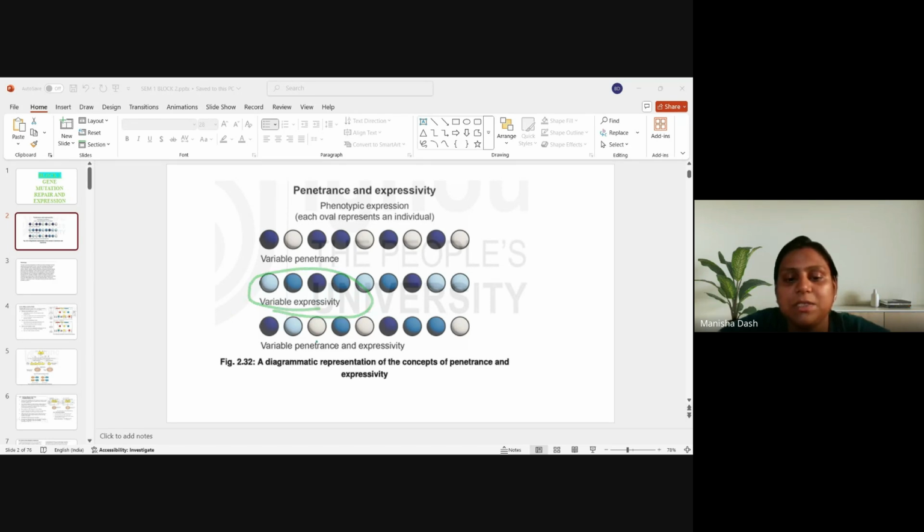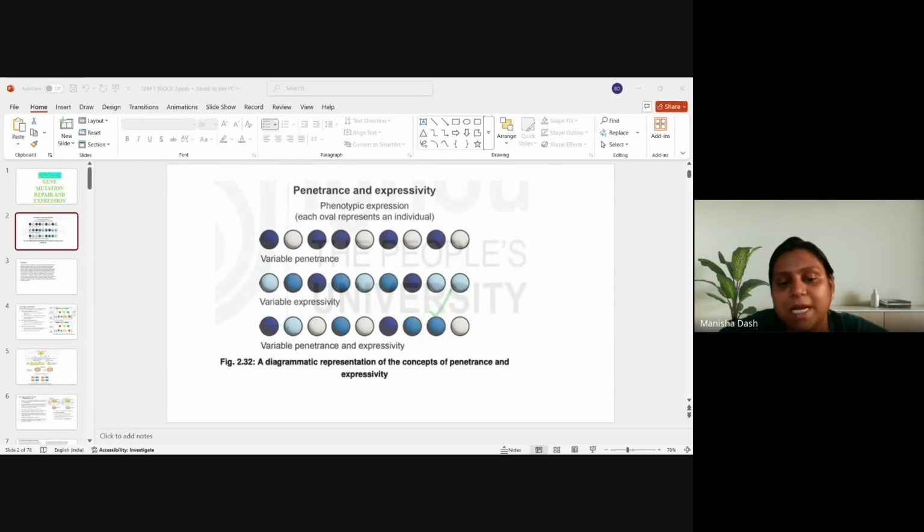The last picture is exhibiting variable penetrance as well as variable expressivity, because see this individual and this individual, they are not expressing the character actually. So here the trait is not 100% penetrant, or we can say it is exhibiting variable penetrance. Moreover, whatever individuals are expressing the trait, there is a variation in the degree of expression.